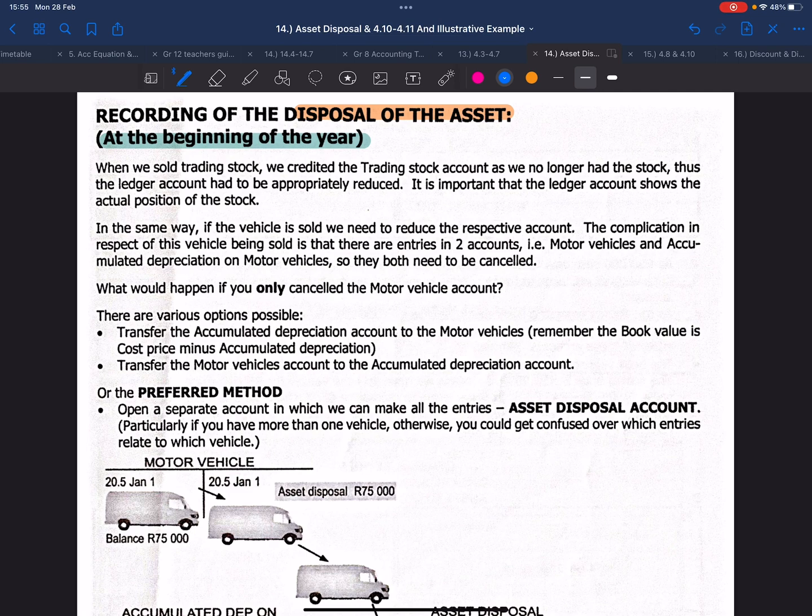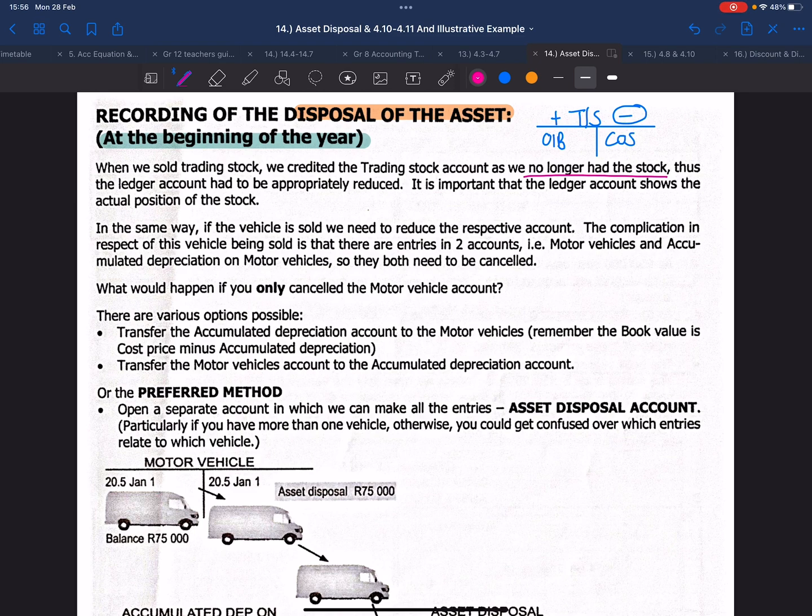Okay, so it says when we sold trading stock, we credited the trading stock account. So trading stock being an asset, if you have an opening balance and whatever is sold goes through cost of sales, and it is credited as we no longer had the stock. Thus, the ledger account had to be appropriately reduced.